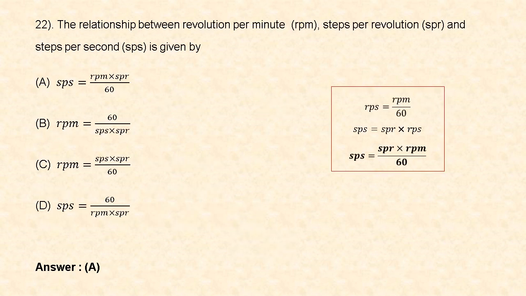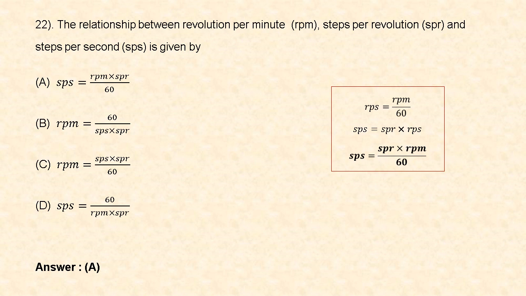Next question, the relationship between revolution per minute RPM, steps per revolution SPR and steps per second SPS is given by A. SPS is equal to RPM into SPR by 60, B. RPM is equal to 60 divided by SPS into SPR, C. RPM is equal to SPS into SPR divided by 60, D. SPS is equal to 60 by RPM into SPR.